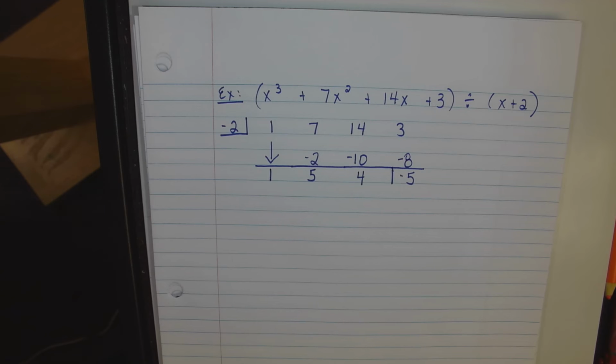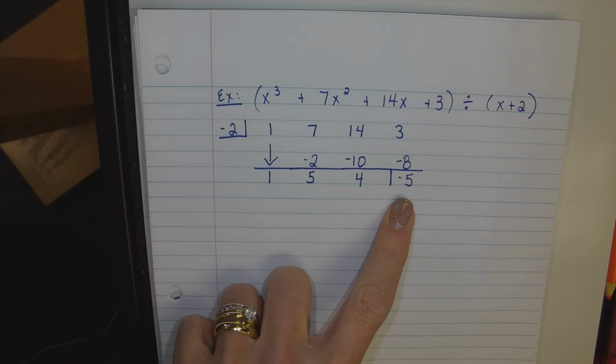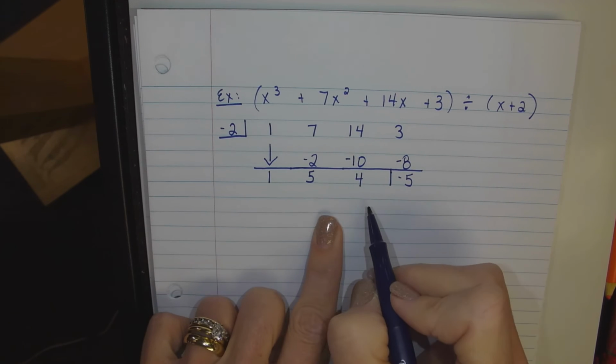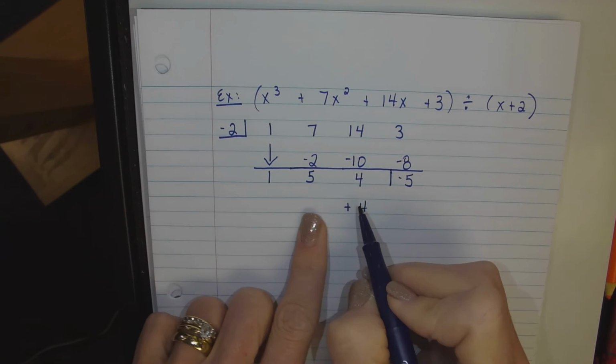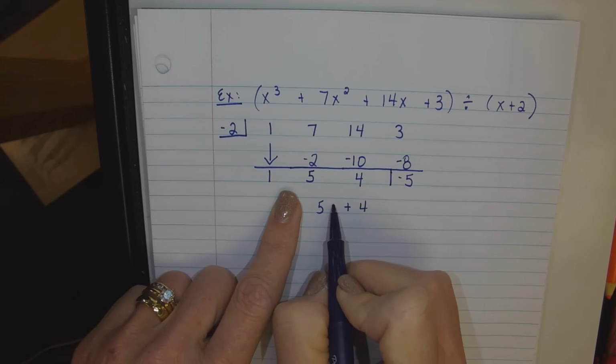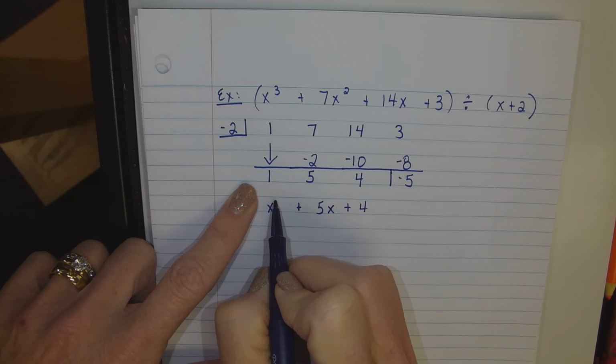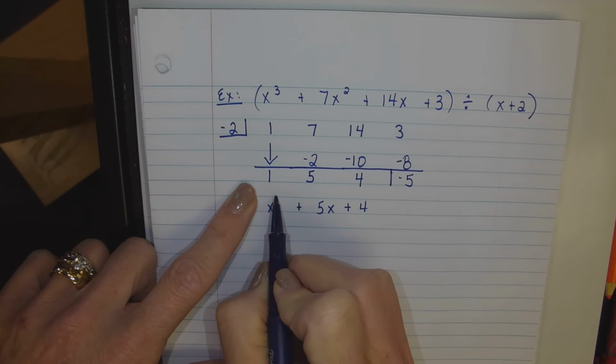I'm a little confused. You'll need to practice. All right, let's work backwards. Here's my remainder. So here's my coefficient. It's positive. What is 5? What goes with 5? 5x. And the 1 is simply x squared.